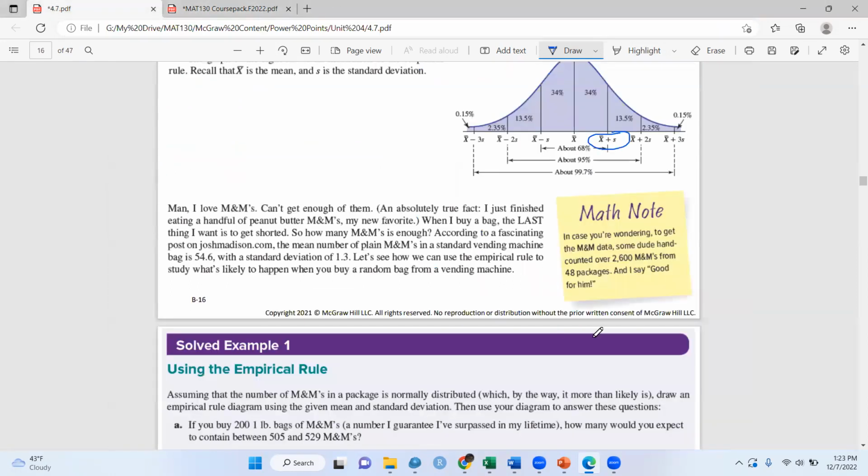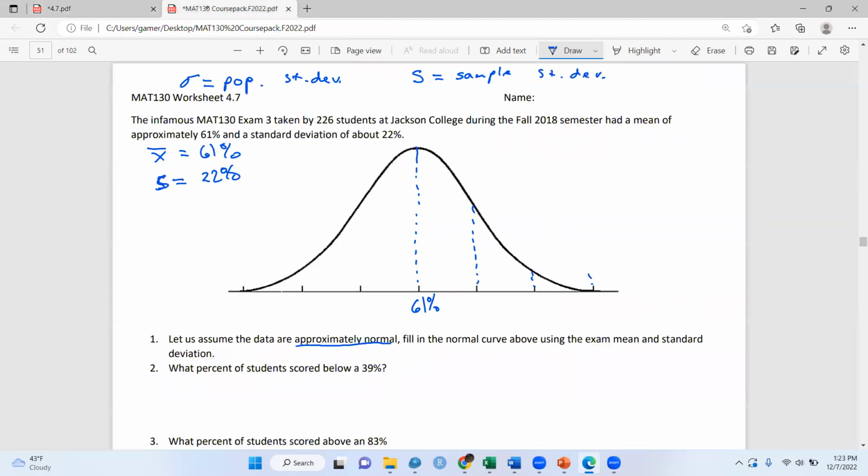What this means is add the standard deviation to the mean, and that's the number for the first tick mark above. So 22 plus 61 is 83%. That's the first tick mark above the 61. I'm going to do it again. This is the mean, X bar. This is X bar plus 1 standard deviation.